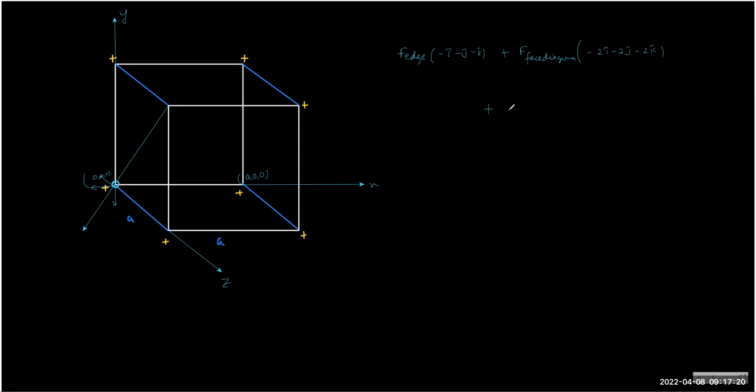The last will be the body diagonal, and body diagonal will, just a moment. This will be like root 2, no? So cos 45 will come.